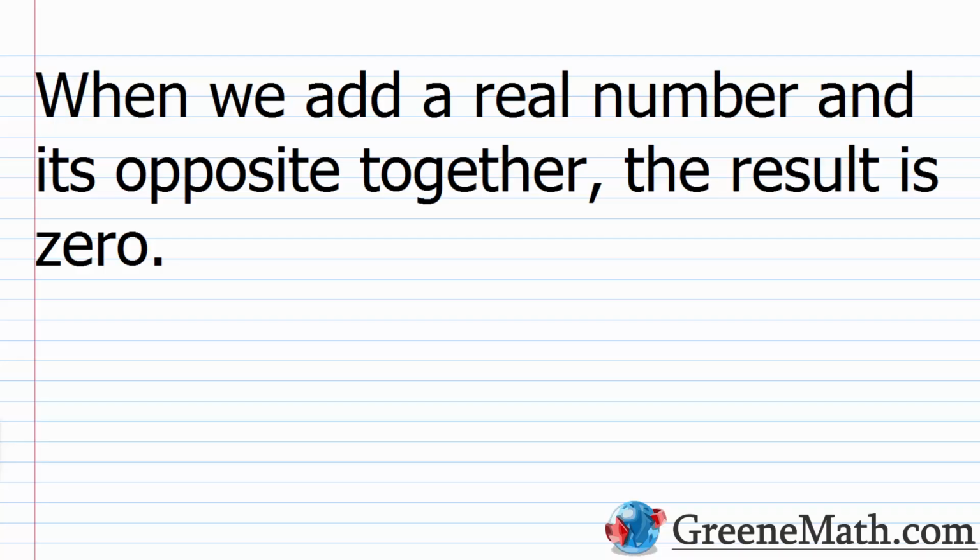First off, you know a number is an opposite of the other if the absolute value of the number is the same, they just have different signs. So in other words, 3 and negative 3, or 2 and negative 2, or 117 and negative 117. The number part is the same, it's just the sign is different. You have a positive and a negative.